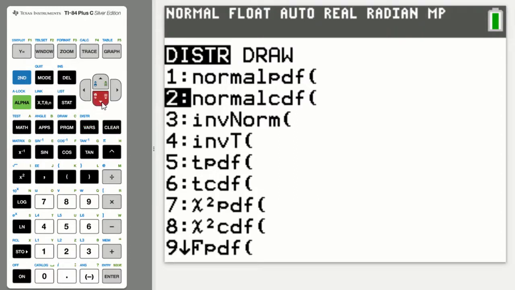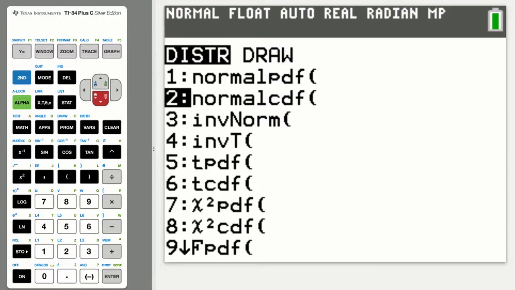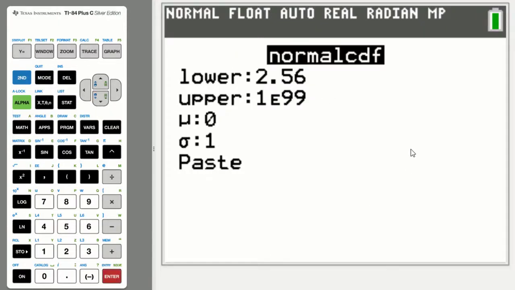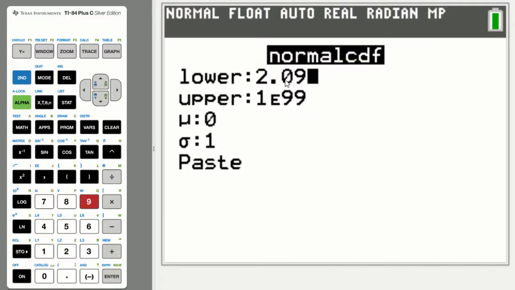I'm gonna look for option number 2, normal CDF, or whichever option says normal CDF. Hit enter to select that. So this time our low end of the interval, remind yourself from the writing board that I had, is 2.09. And that was our finite, definite low end.